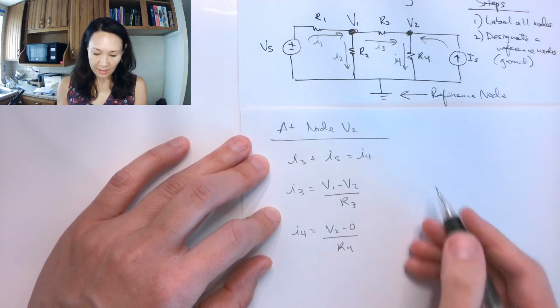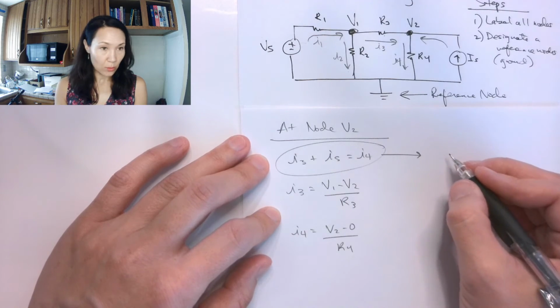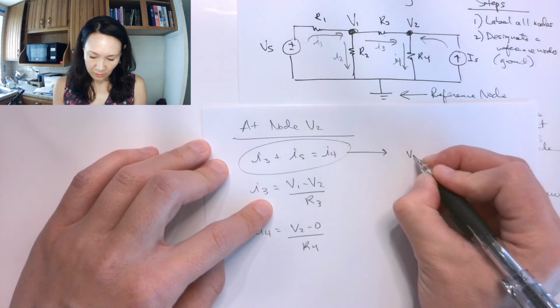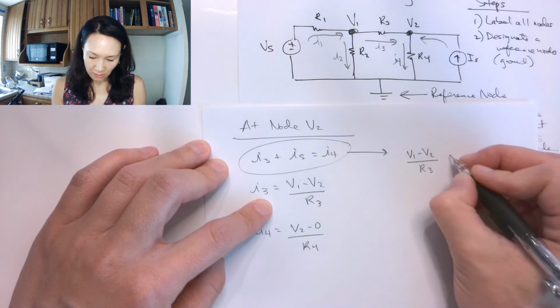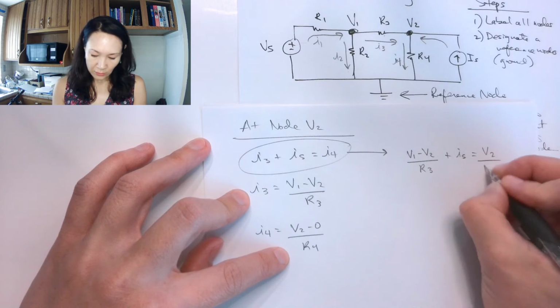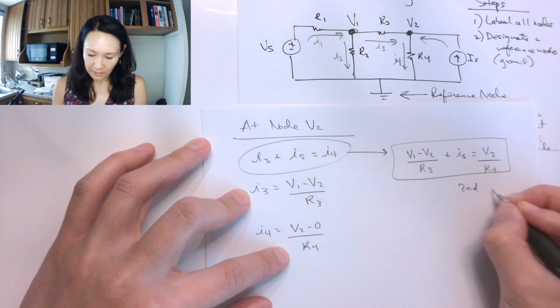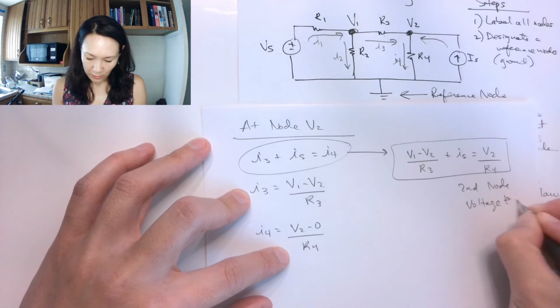So from this equation I can write my node voltage equation, which is going to be V1 minus V2 over R3 plus some IS constant is equal to V2 over R4. And this is my second node voltage equation.